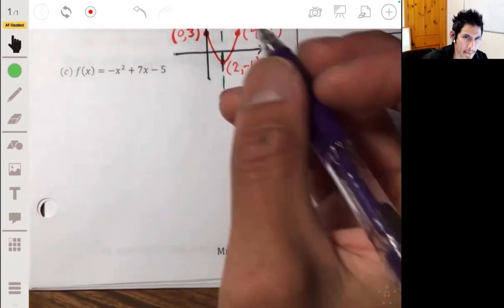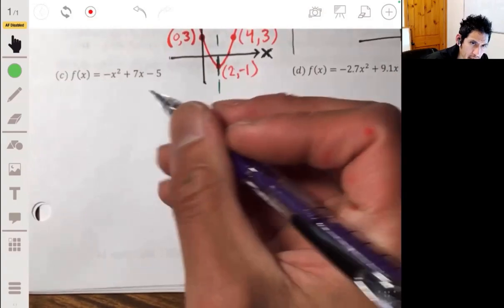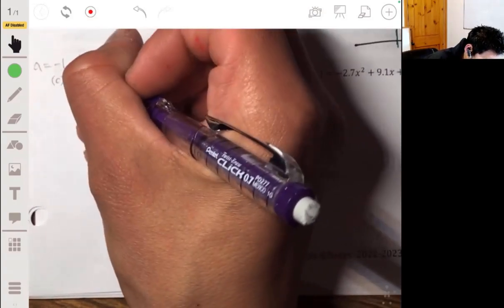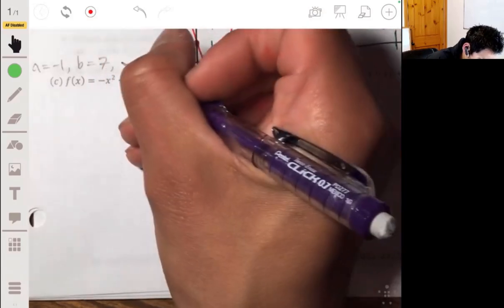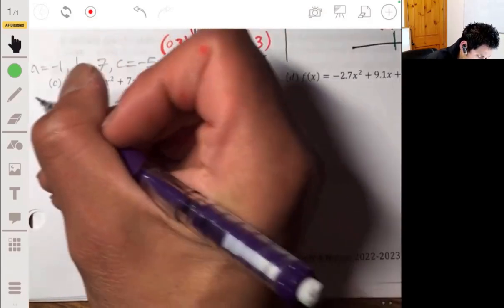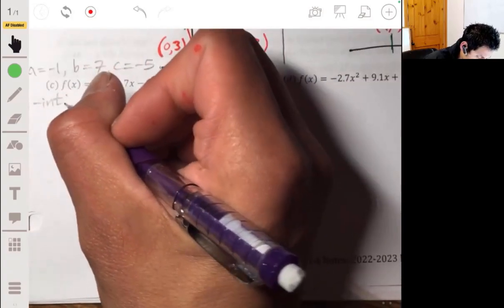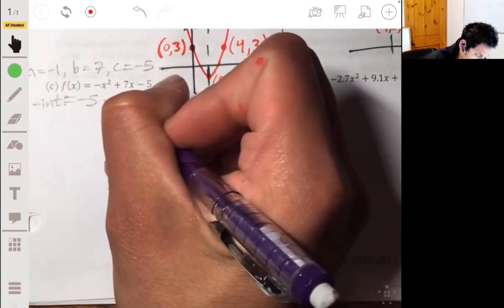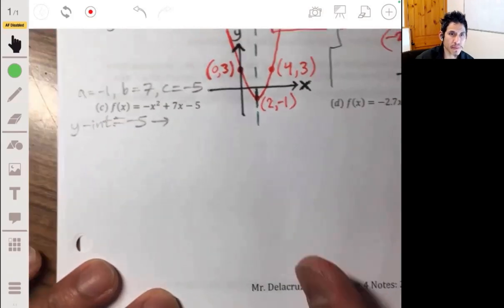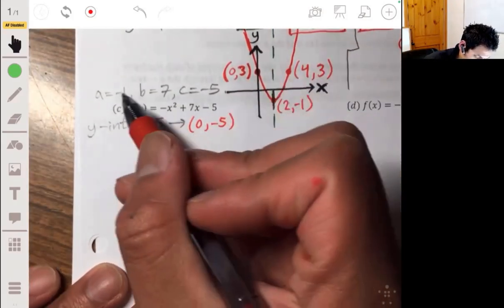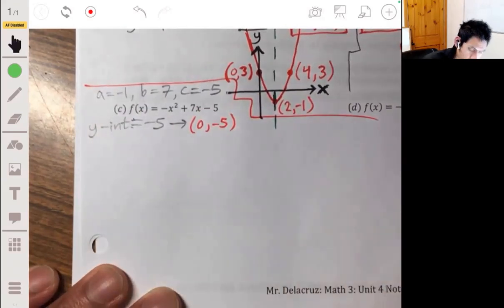Okay, so here A is negative 1, B is 7, and C is negative 5. So the y-intercept will be at negative 5, which is the point 0, negative 5.